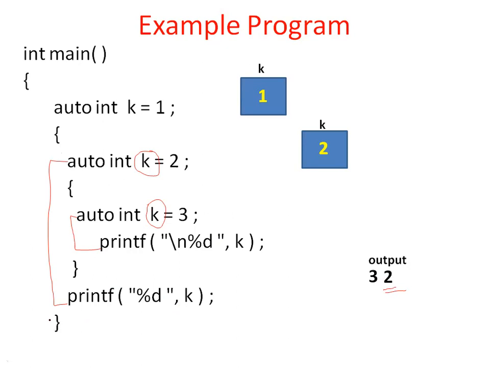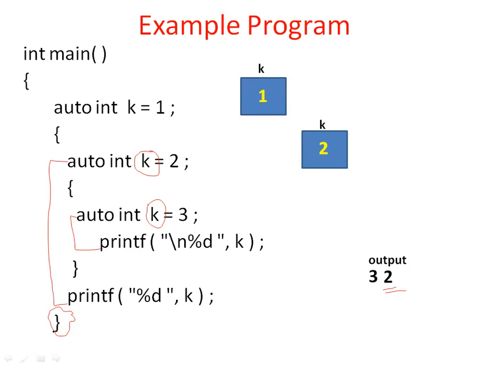Then it goes to the end of the block. This block ends here. This is the beginning of the block, and this is the end of the block. So once the control reaches this closing brace, that means it is leaving the block.